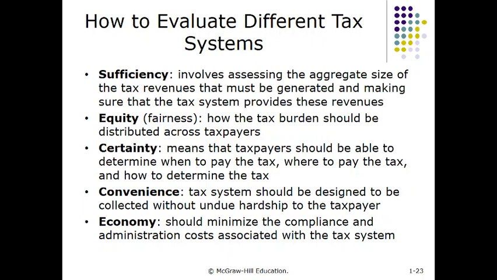So they're going to pay less in taxes because of those deductions than the other person who makes $30,000 and rents. So it's sometimes hard to attain horizontal equity.